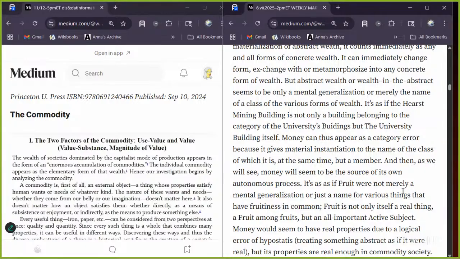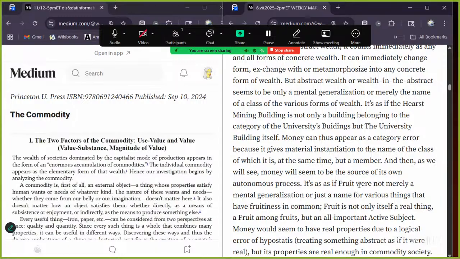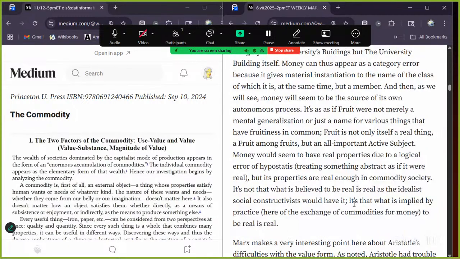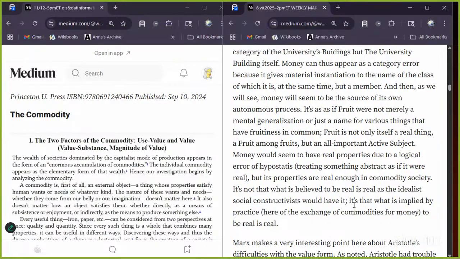It's as if fruit were not merely a mental generalization or just a name for various things that have fruitiness in common. Fruit is not only itself a real thing, a fruit among fruits, but an all-important active subject. Because of this generalization, money would seem to have real properties due to a logical error of hypostasis, treating something abstract as if it were real.